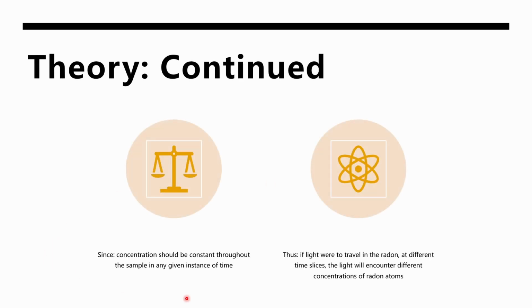And here, since the concentration should be constant throughout the sample at any given instant of time, if the light were to travel in the radon at different time slices, the light will encounter different concentrations of radon atoms, and this is how we actually tell the difference.